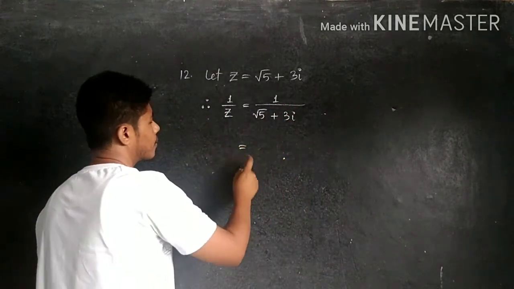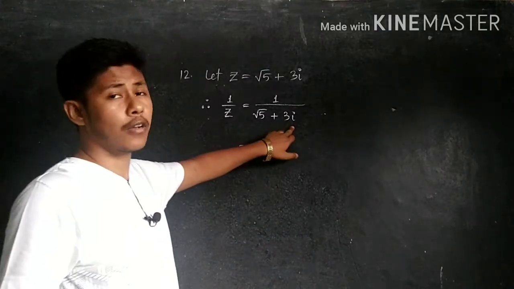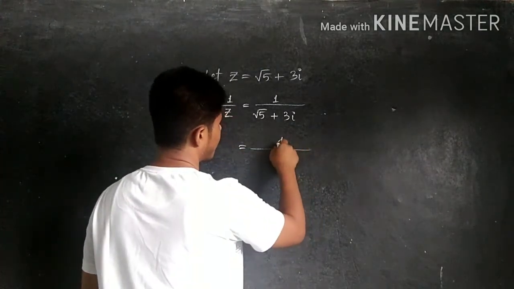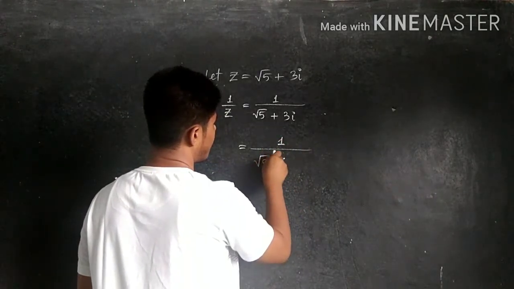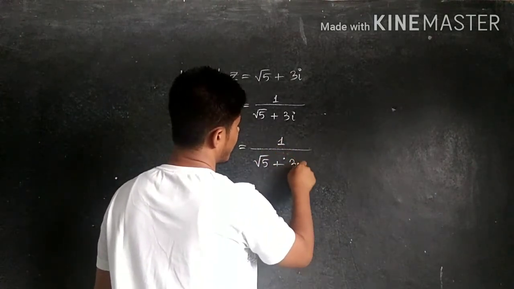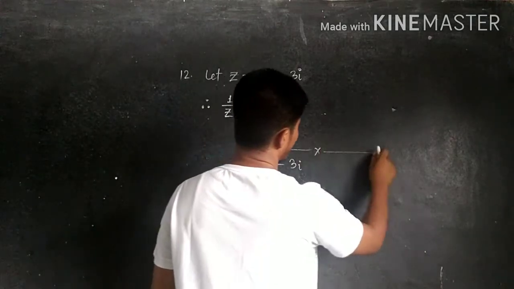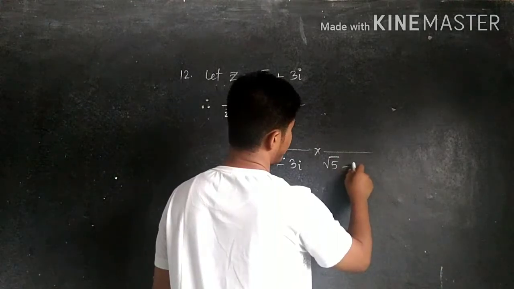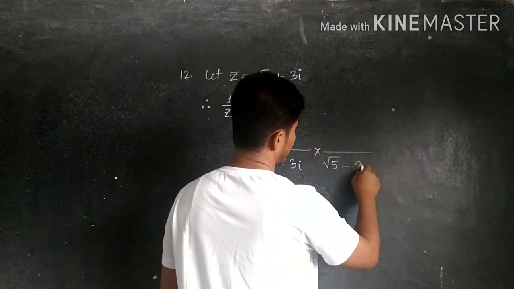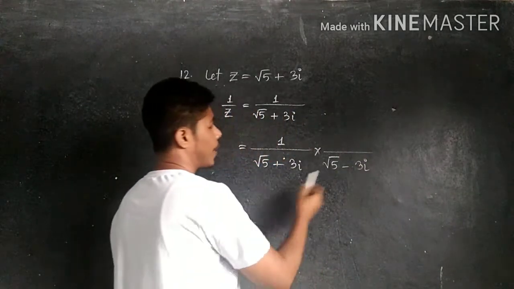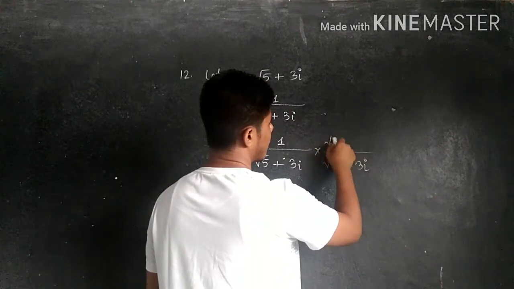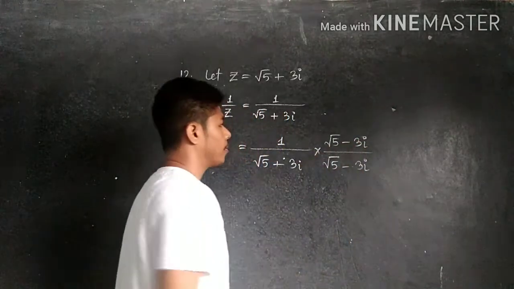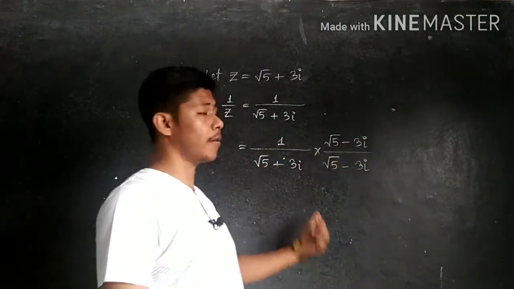Now we have to eliminate this i from the denominator, so we multiply by the conjugate. The conjugate means root 5 minus 3i. To balance this, we also multiply the numerator by root 5 minus 3i, and these two cancel, so the value remains the same.